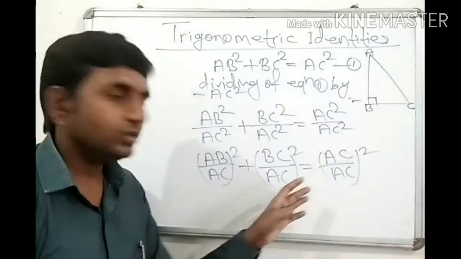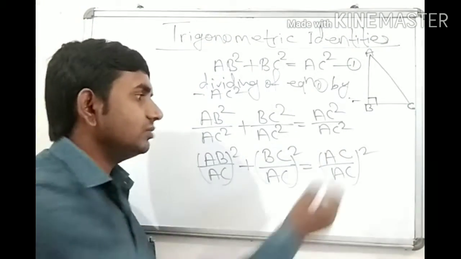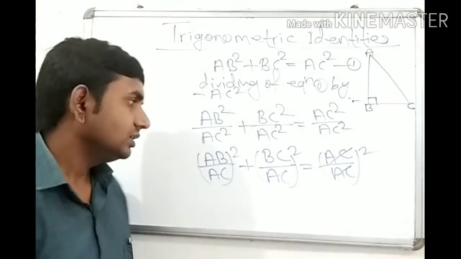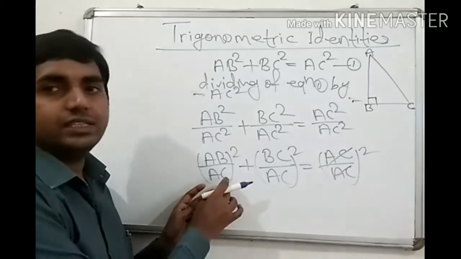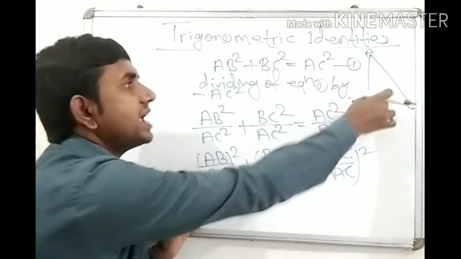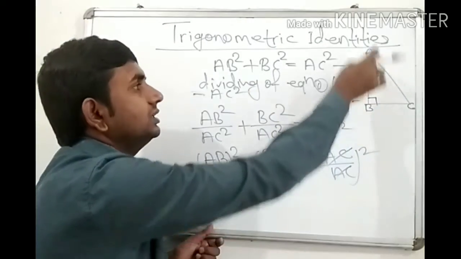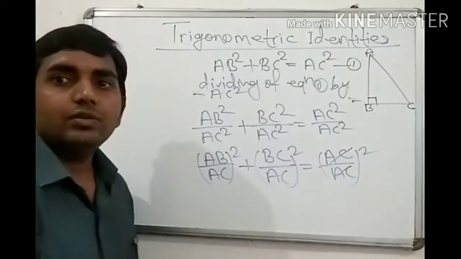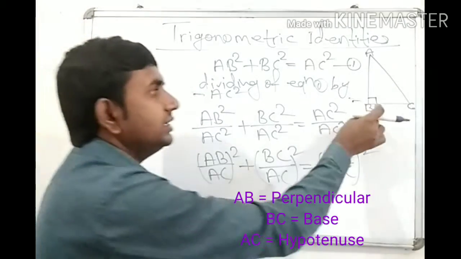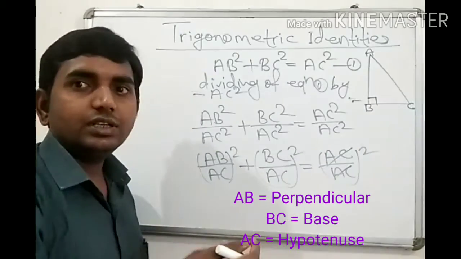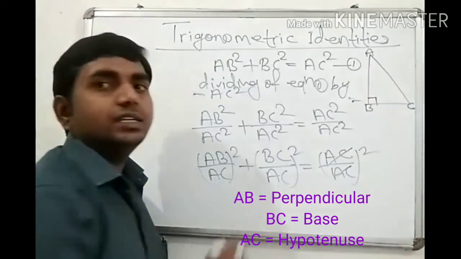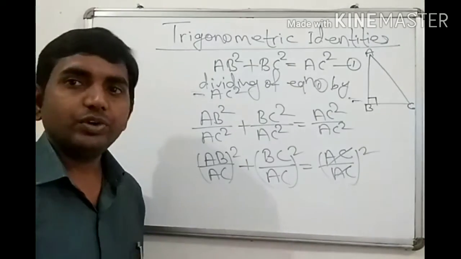Here AC by AC are both equal, so we cancel it. In this triangle, AB indicates perpendicular, BC indicates base, and AC indicates hypotenuse.